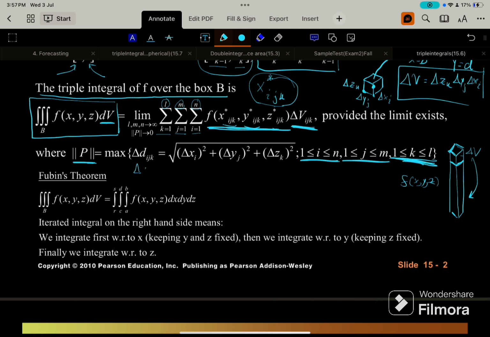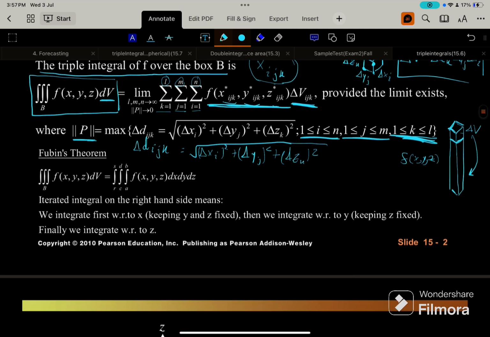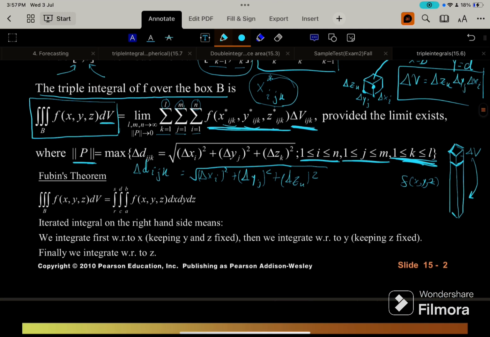And delta d i j k, so basically this small differential, is the square root of delta xi all squared plus delta yj all squared plus delta zk all squared. And so basically this is using the definition to try to define our triple integral.